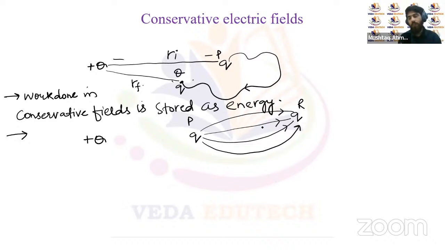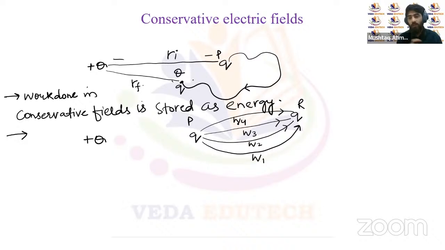So we have different paths to bring this charge from point P to point R. All these paths are different. Let's suppose W1 is the work done in this path, W2 in this path, W3 in this path, and W4 in this path.